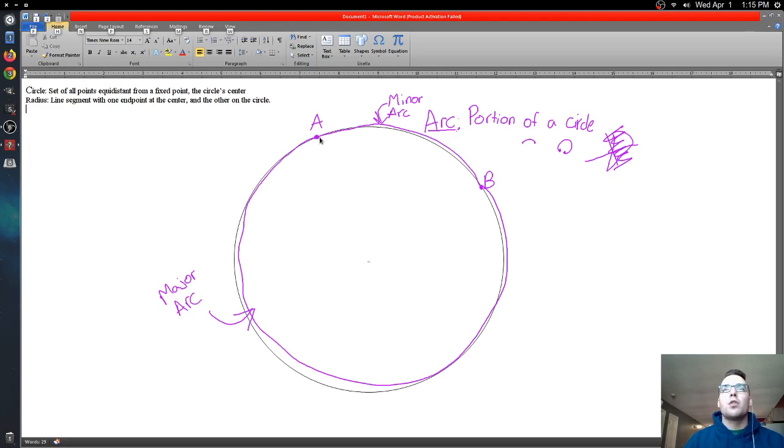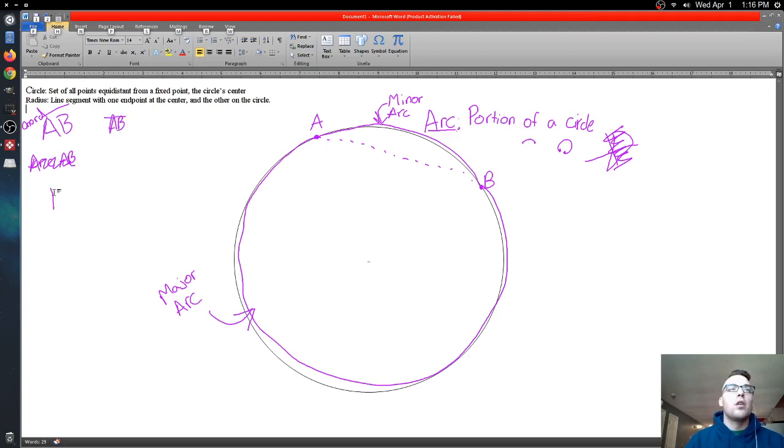So, in the case of the minor arc here, how do we label these things? Like if I wanted to just draw in this chord here, I might call that chord AB. Oops, I forgot the word chord. Chord AB. But rather than say the phrase arc AB or minor or major arc AB, we have a shorthand for arcs. Just like you've probably seen before with line segments, sometimes we'll draw a little line on top of it.